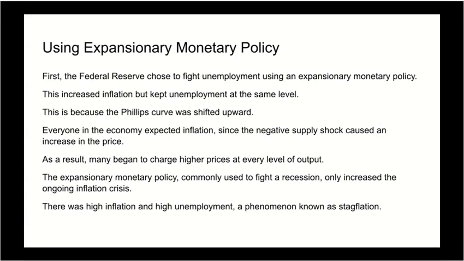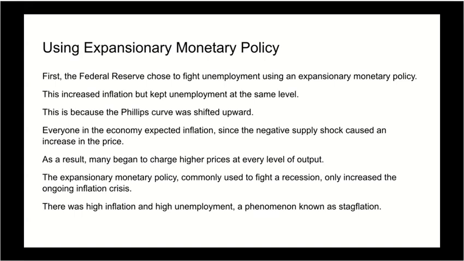So in our example with the OPEC oil embargo, we're going to look at how the Federal Reserve fought its way through this. At first, the Federal Reserve chose to fight unemployment using an expansionary monetary policy. This increased inflation but kept unemployment at the same level. This is because the Phillips curve was shifted upward.